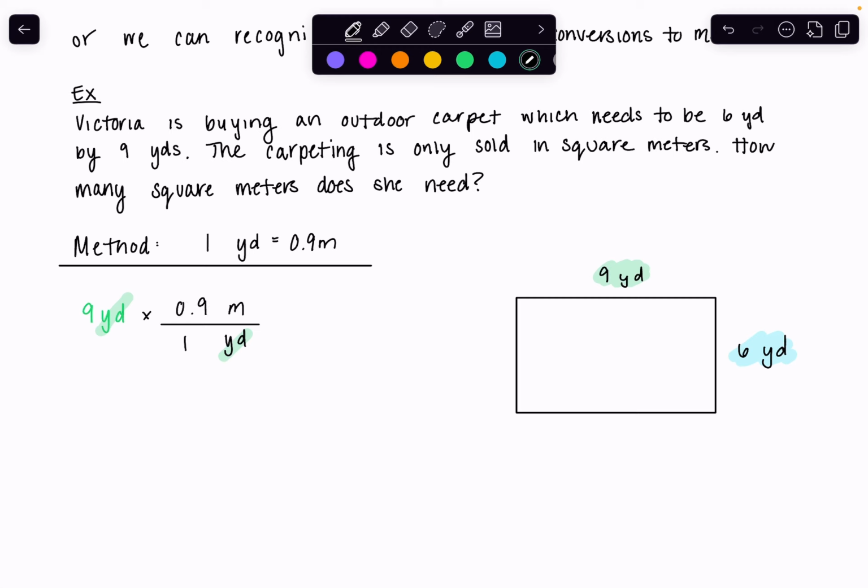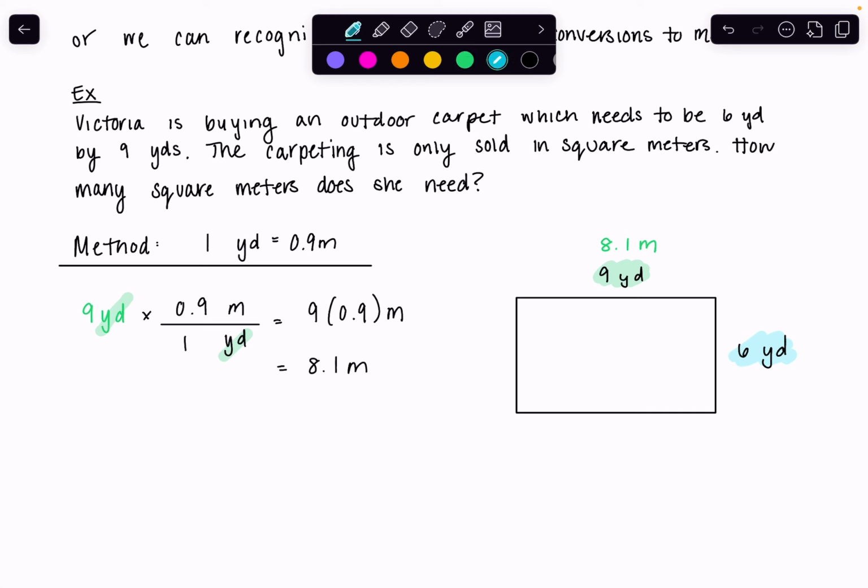So what this gives me is I'm left with 9 times 0.9 meters. If I actually do this multiplication, 9 times 0.9 gives me 8.1 meters.